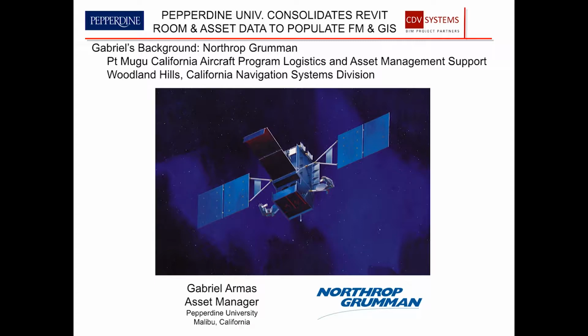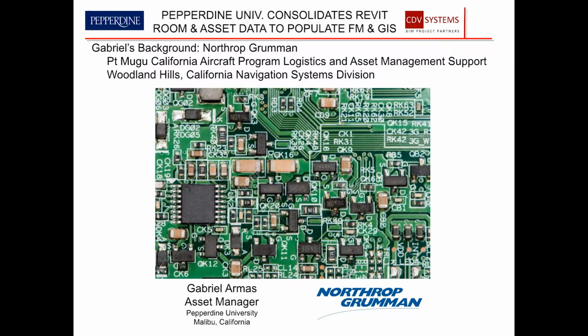So I want to preface with my background because I have a little bit different perspective on traceability. So what I've been doing is trying to understand what we need to do at Pepperdine to obtain all this information. I worked a lot with circuit boards.